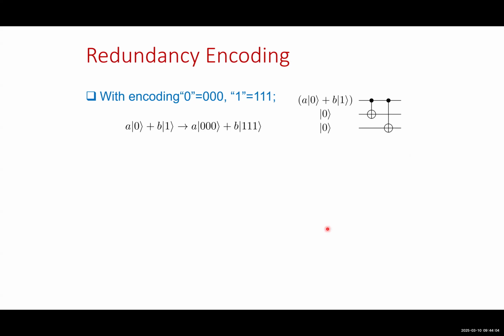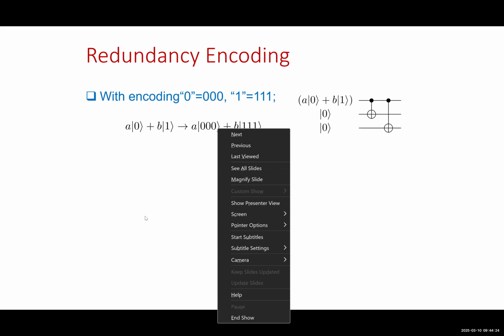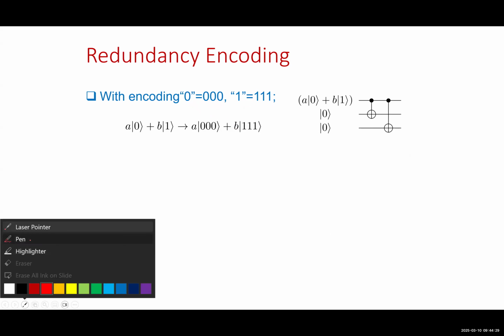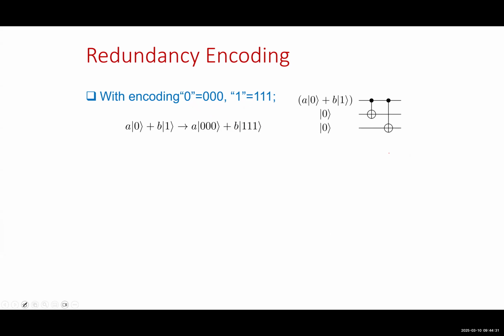This redundant encoding, in the quantum case, we could also do something similar. We use 000 as logical 0, and 111, three physical qubits, as logical 1. However, we are not trying to encode this kind of state.